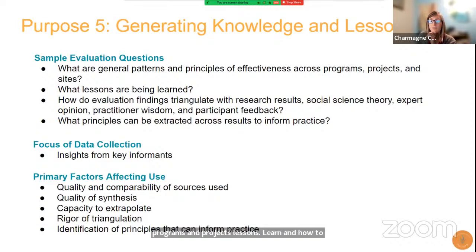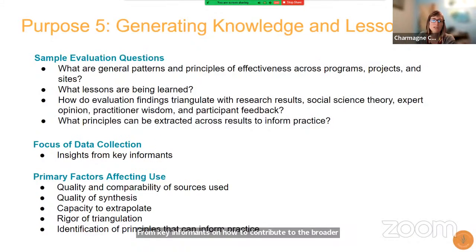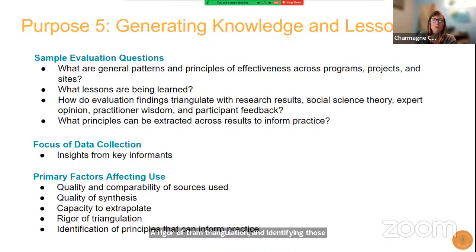And this is about extracting principles or other lessons, and the data is really about insights from key informants on how to contribute to the broader field of where this program is situated. And so this is the importance of quality and comparability, a rigor of triangulation, and identifying those patterns and principles that really are going to be relevant to different contexts.